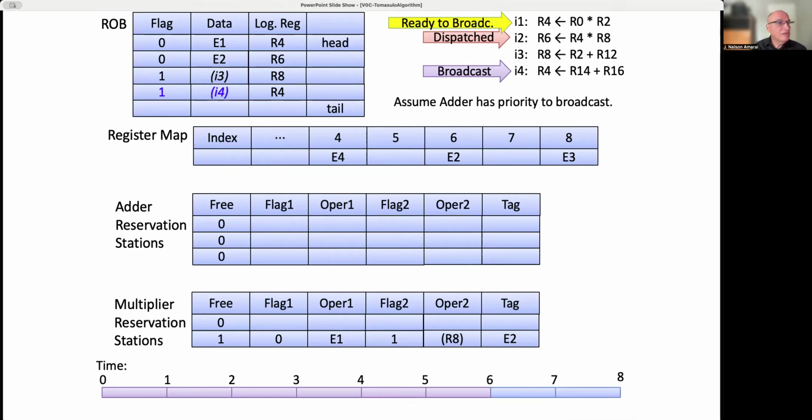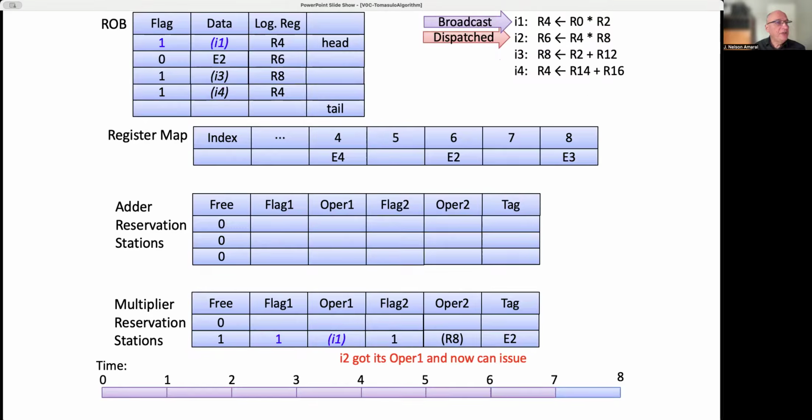In a minute, we're going to see the writing to the register. So now that we see the writing to the register, hopefully it clarifies: I1 is ready to broadcast, and I1 will write the value into R4, which will be correct.